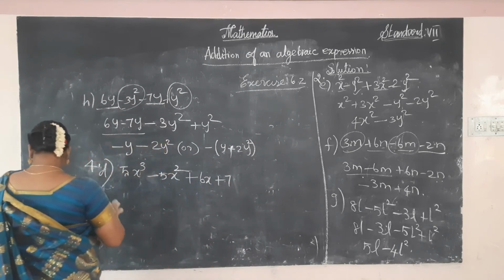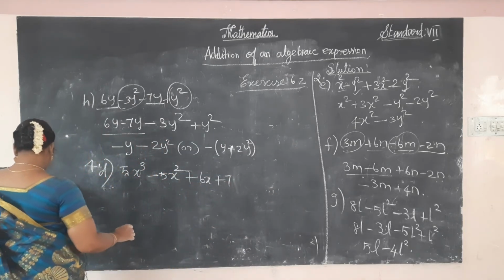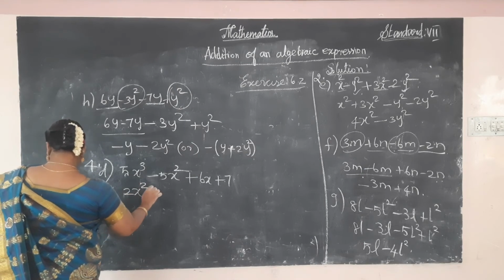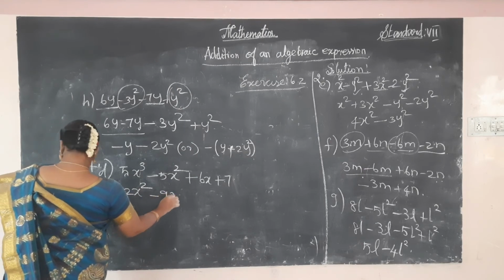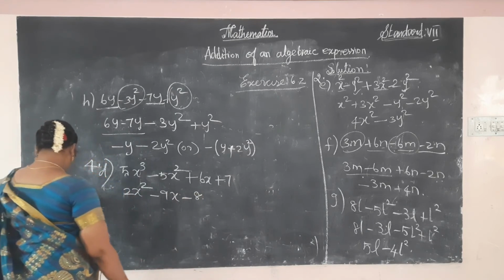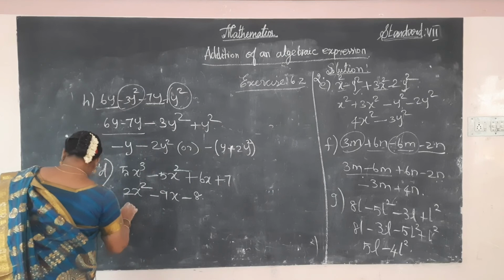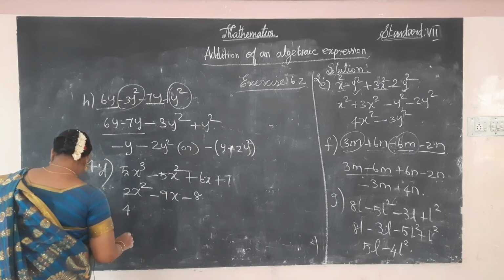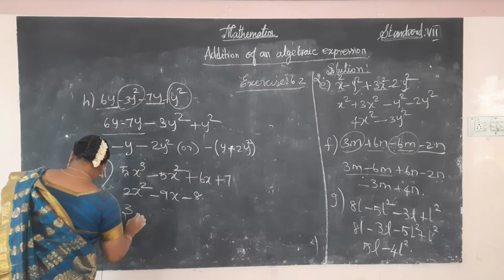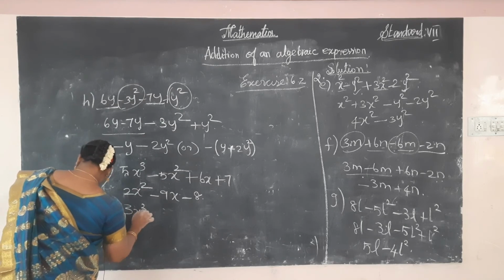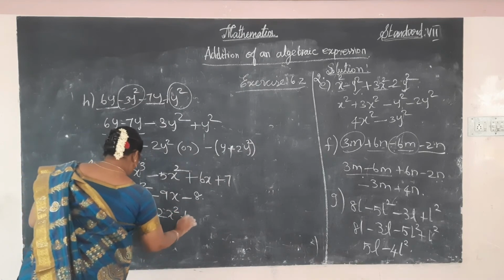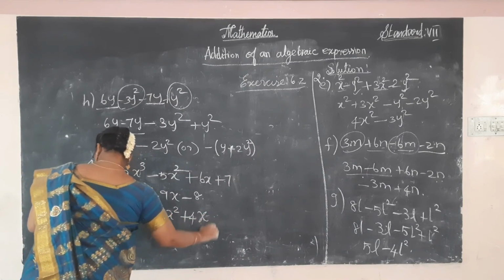And the second expression is 2x squared minus 9x minus 8. And the third expression is 3x power 3 minus 2x power 2 plus 4x.